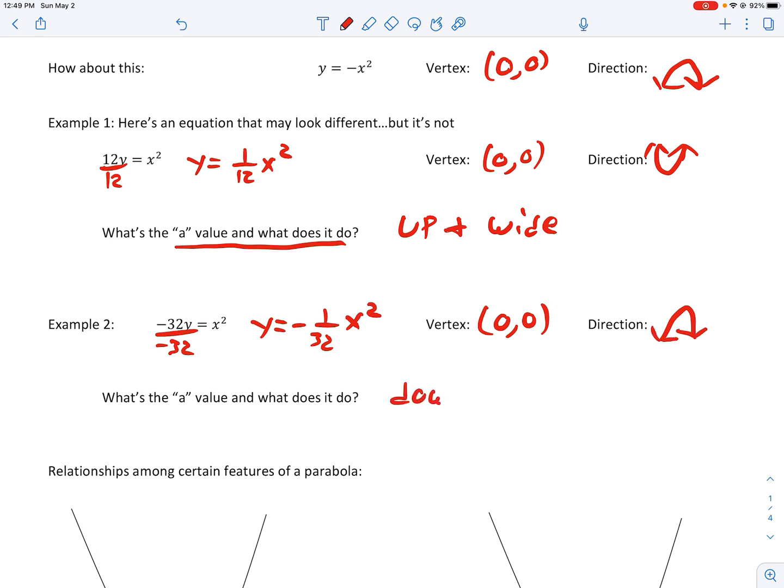And again, since it's a fraction, it's going to be wide. So our a value here is negative 1/32. Our a value on example 1 is 1/12. It's the number in front of the x squared. That is the a value.